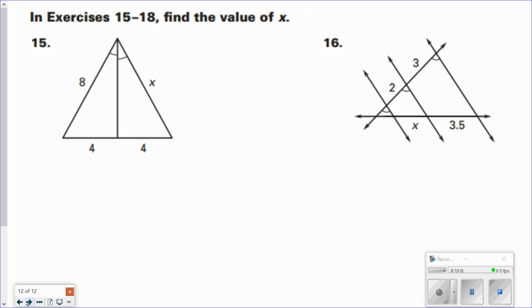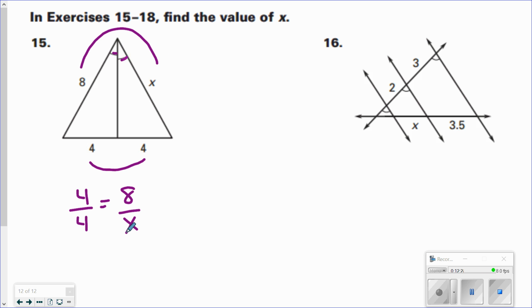So for my first example, I see that I have an angle bisector. So when I set up my proportion, it's going to be this proportion, which is 4 divided by 4, is equal to, then we have this proportion here, 8 over x.